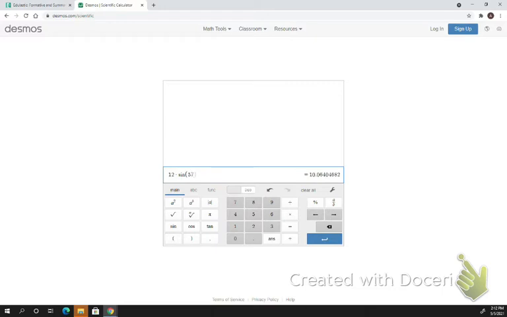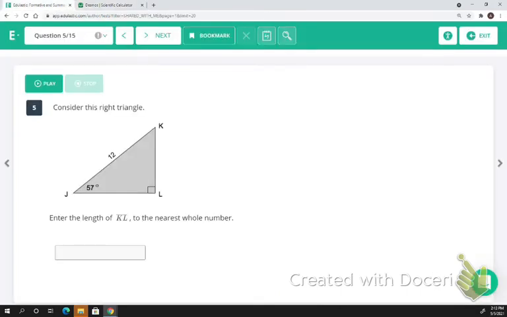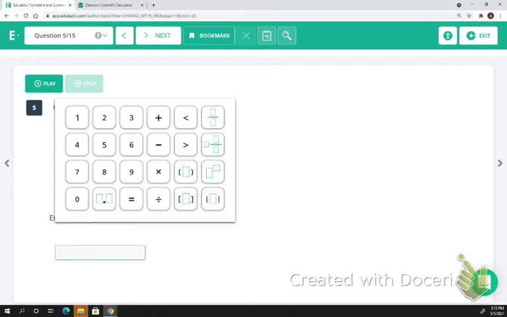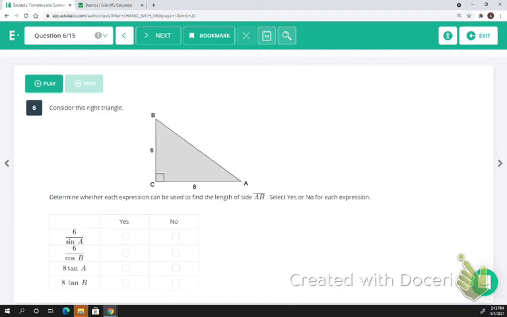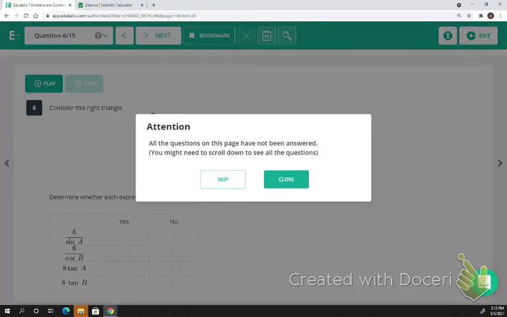And if I get 10.06, and I want to round it to the nearest whole number, I know that that's going to round to 10. So here I should have 10. That should be my answer there. All right, number 6 is just like number 4, so I'm not going to be going over this one.